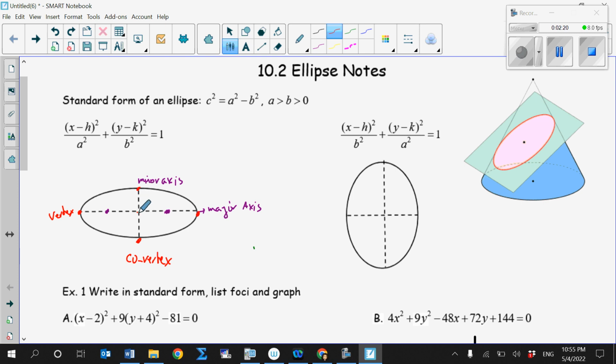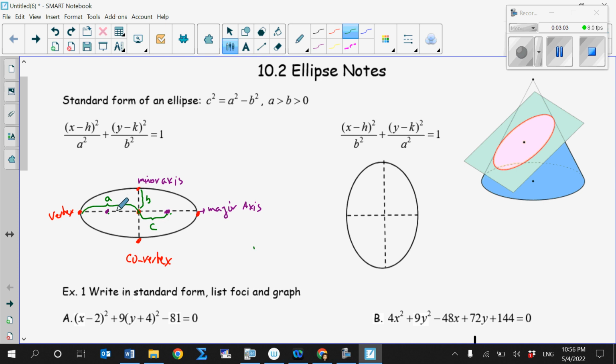There's also one point here, which is right in the middle of the ellipse. This is called the center of the ellipse. Now, the distance between the center and the vertex, which is basically half of the major axis, is called A. So half of the major axis is A, and half of the minor axis is called B. Also, the distance between the focus point and the center is called C. You can also find that here on the left side.